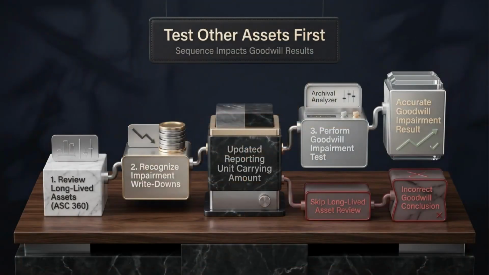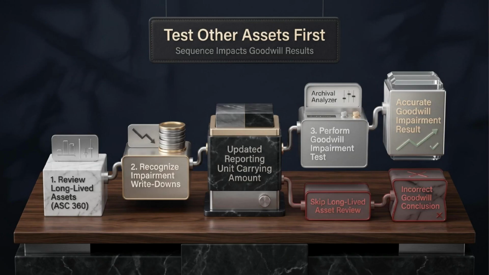The order of testing can change the goodwill result. If the reporting unit contains long lived assets that may be impaired, those assets are reviewed first under their own guidance, such as ASC 360. If a write down is required, it is recognized before the goodwill test. Then the reporting unit carrying amount is updated, and only then is goodwill tested.